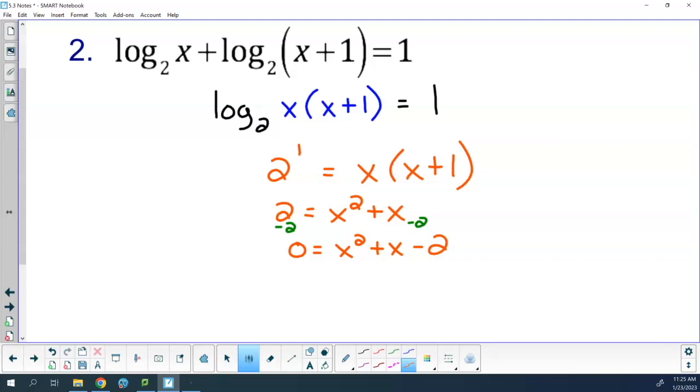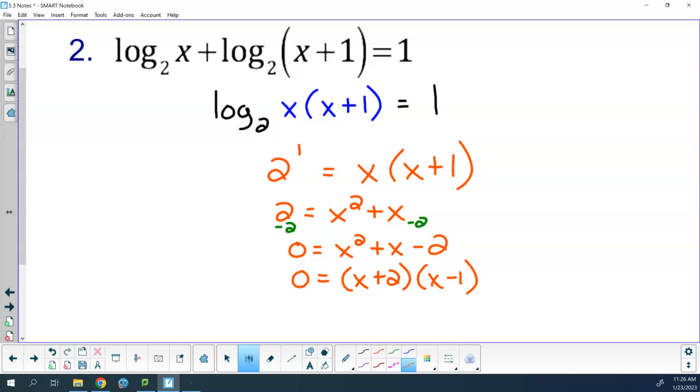If it's not factorable, then what? Quadratic formula. Okay? So factoring, we'll always try that first. Are there two numbers that multiply together to be negative 2 and add to be positive 1? Positive 2 and negative 1. So this would become 0 equals x plus 2 times x minus 1.